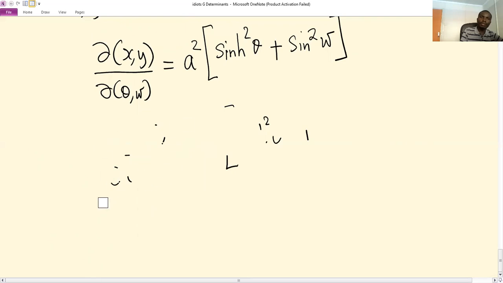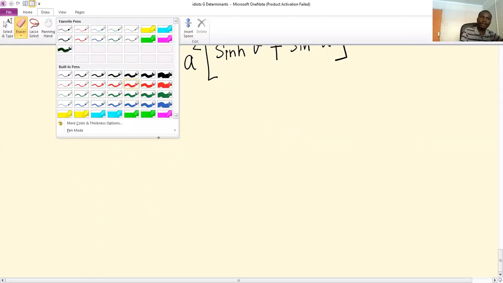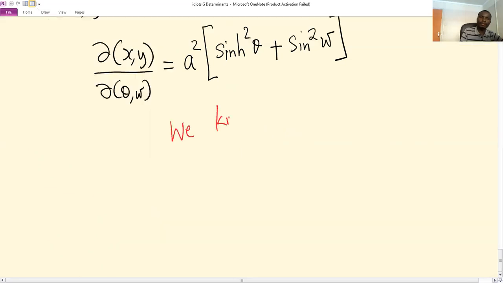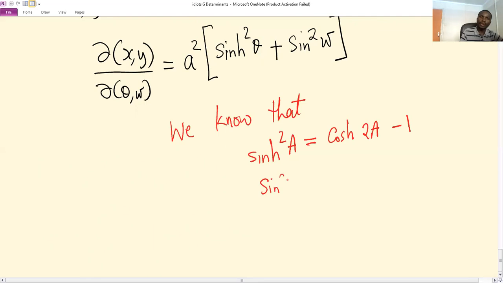So even this, we use, also from calculus, we know that hyperbolic sine squared of A is the same as hyperbolic cosine of 2A minus 1, over 2.